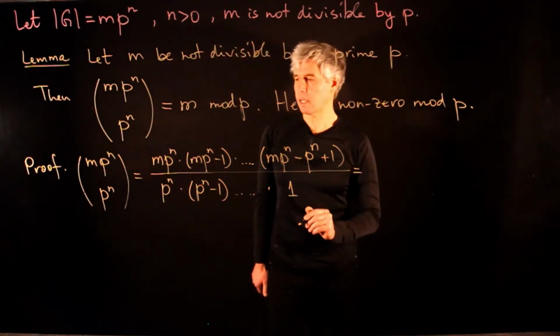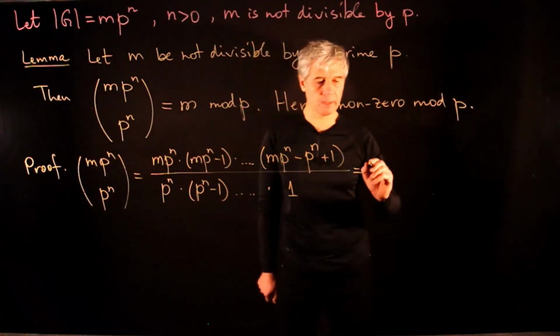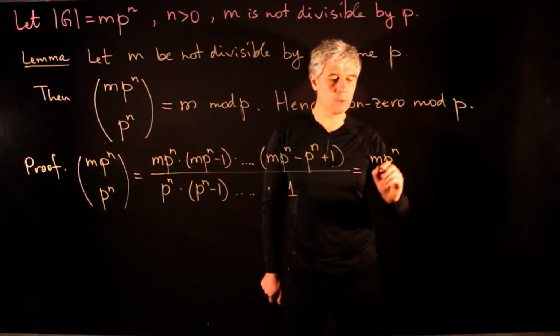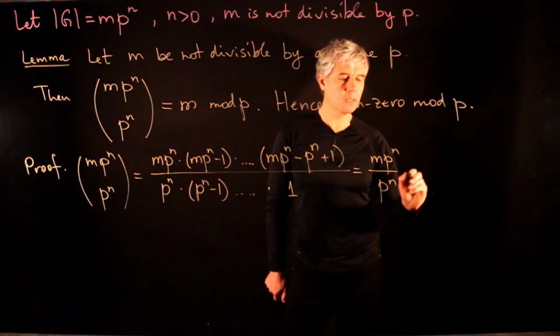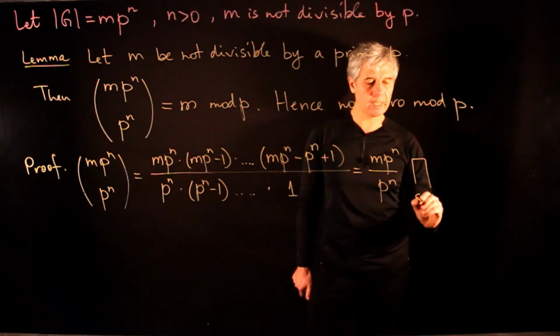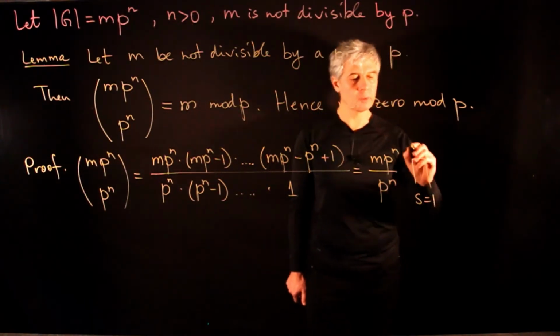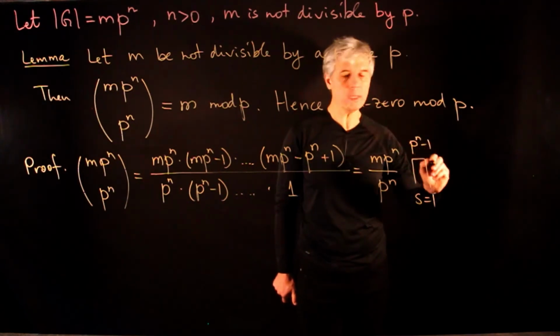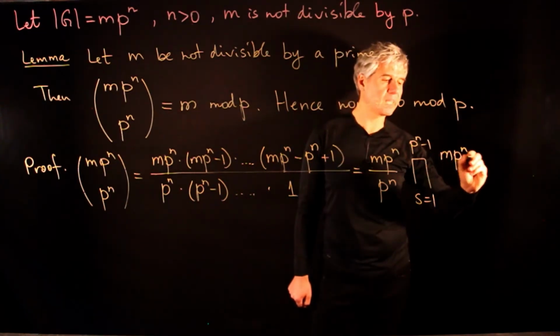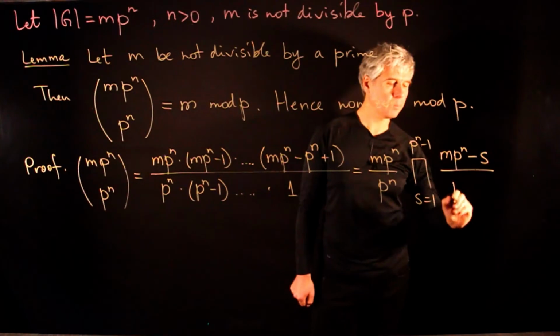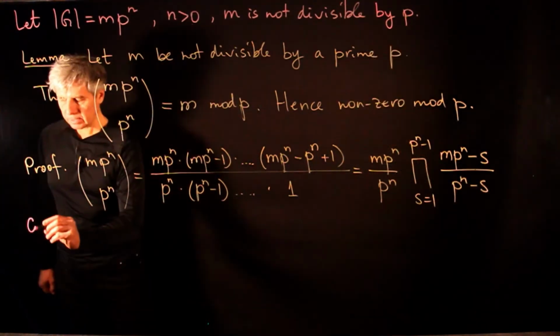And this can be written as m p to the n over p to the n times the product, s goes from 1 to p to the n minus 1, of m p to the n minus s over p to the n minus s.